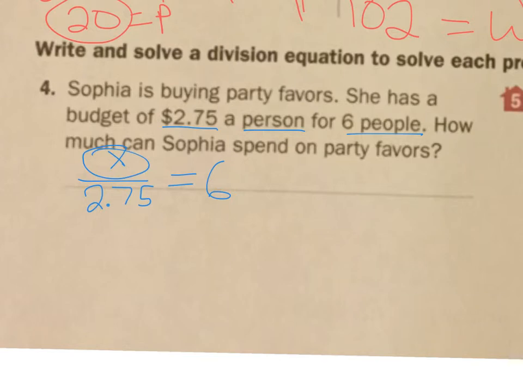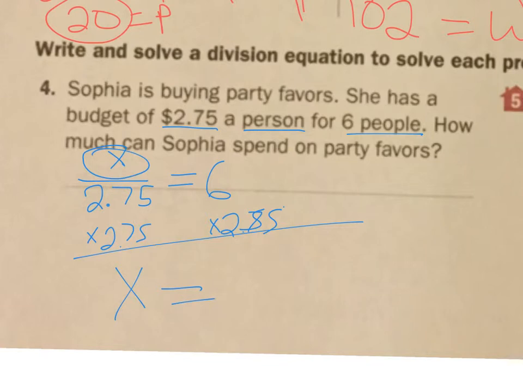I want to get x all by itself. I'm dividing by 2.75, so I times each side by 2.75. X divided by 2.75 times 2.75 just leaves me with x equals 6 times 2.75.